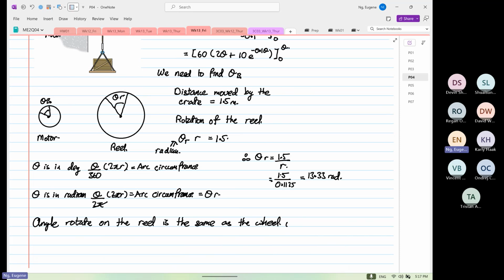The wheel, which is what? Attached to the motor pulley. Okay, so you have to be really, really cautious over here. Okay.